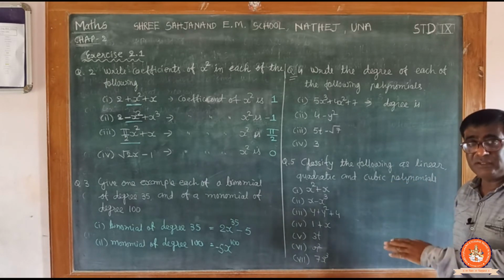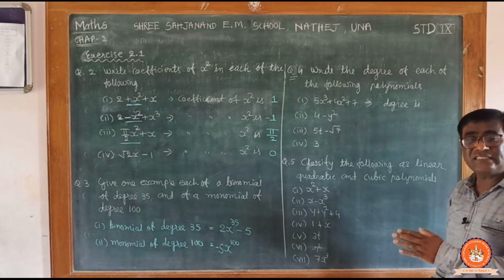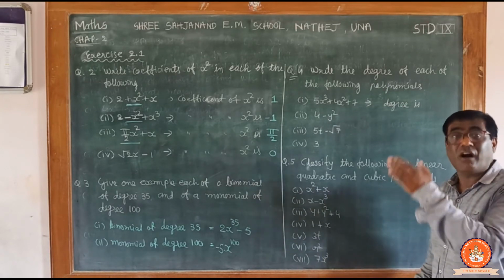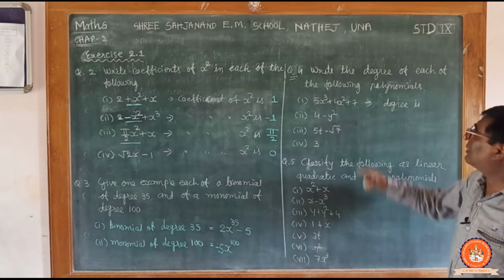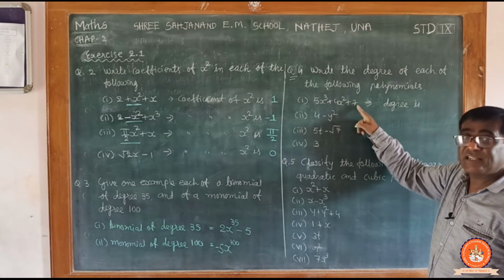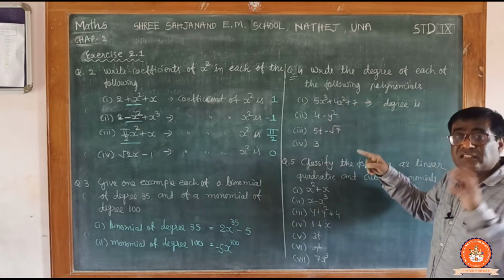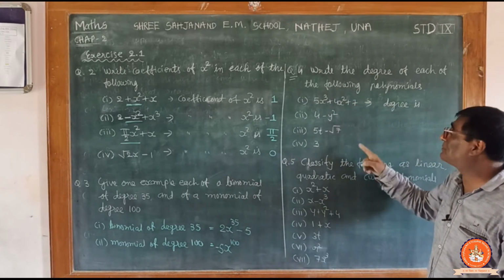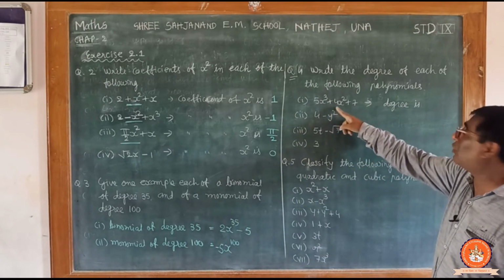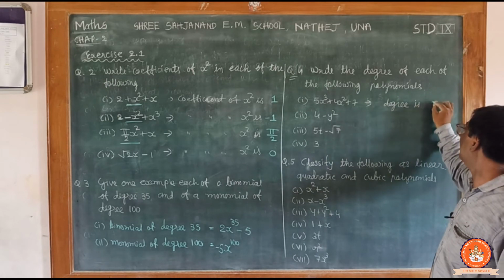Look at each term, and the highest exponent of the variable becomes the degree of the given polynomial. Look at it: x raised to 3, x raised to 2, x raised to 0. So the highest exponent of the variable x is 3. So this is a polynomial of degree 3.